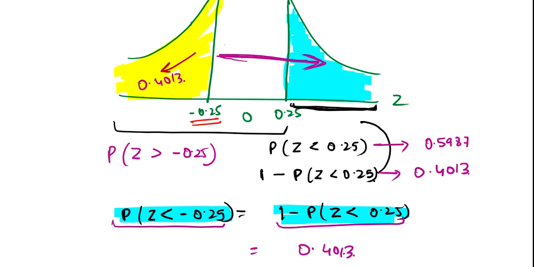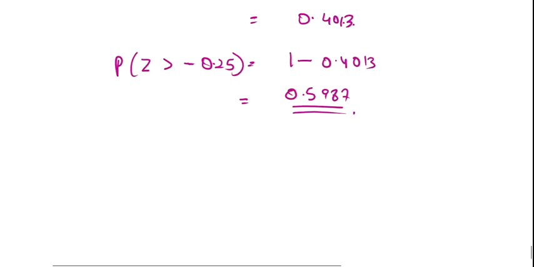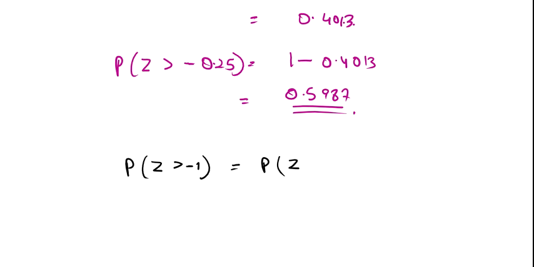Hopefully I have tried to make it longer so that you will understand the concept. Otherwise I could have told you that they both are equal. Clear? But just to explain the process that I am going through. So you can do one thing: if they are asking me the probability of Z greater than minus 1, that will be equal to the probability of Z less than 1.